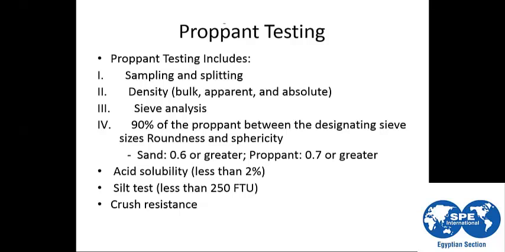Because when you apply compression force on the proppant sample, it will start to crush some of the proppant. Once the proppant particles are crushed, the sieving analysis result will change. So to pass this crush resistance test, you should have the same sieving analysis results before and after the crushing test.